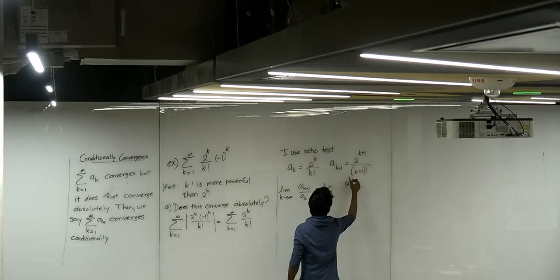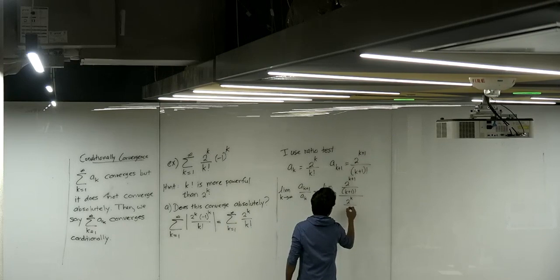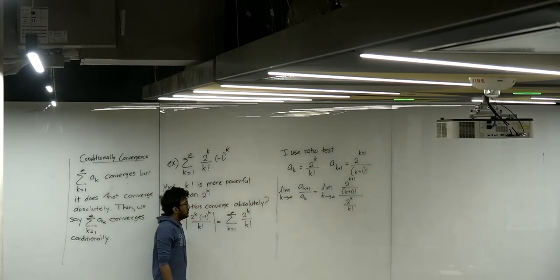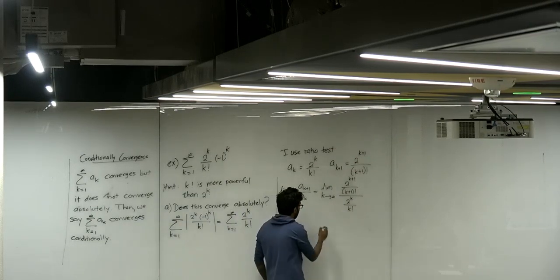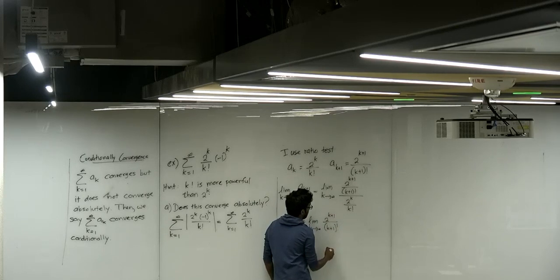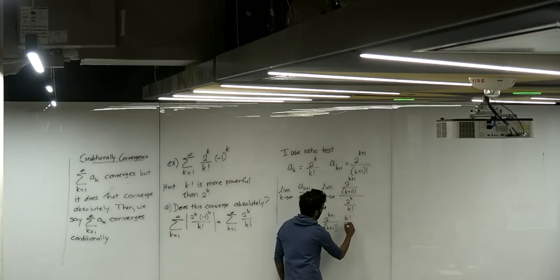That is 2 to the power k plus 1 divided by factorial k plus 1, and we have to divide by this. Now we have to simplify this. What would you get? Limit as k tends to infinity of 2 to the power k plus 1 divided by factorial k plus 1, times factorial k divided by 2 to the power k.